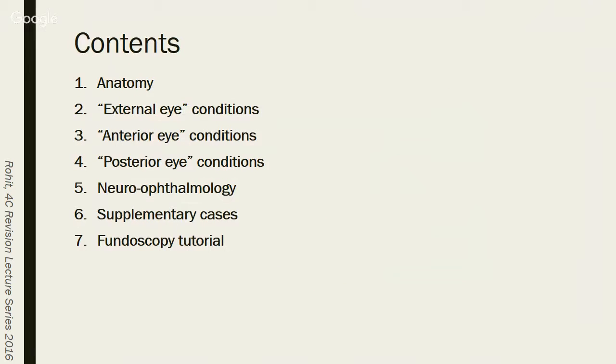So how we'll divide today, we'll talk about anatomy first, just making sure everyone's on the same page. We'll go over some of the external eye conditions, then the anterior eye conditions, then the posterior eye conditions. I think those are worth breaking down in that way. It's good to not think in that vitamin C type of categorization, but think more anatomical. External eye conditions affect the external eye.